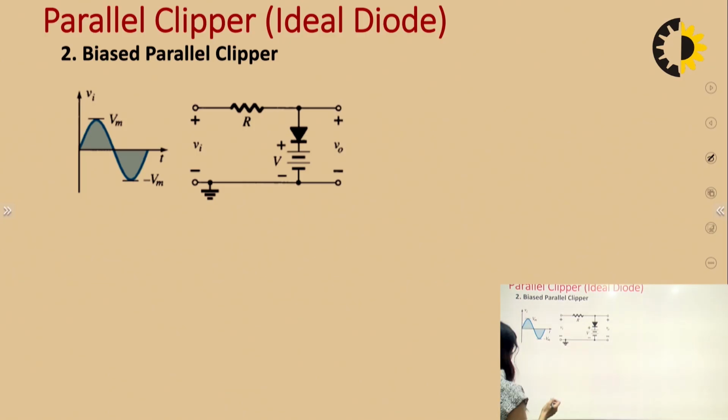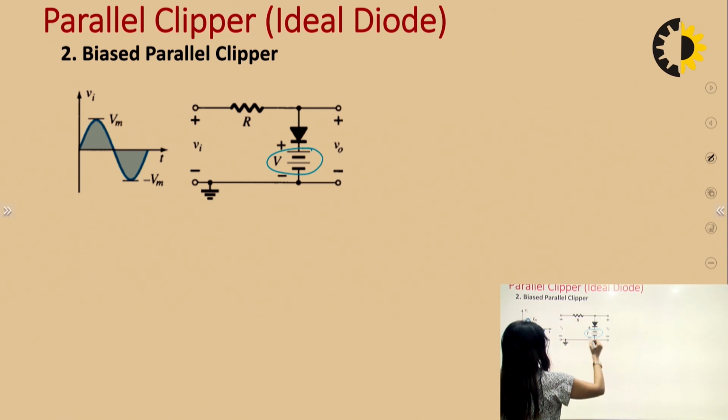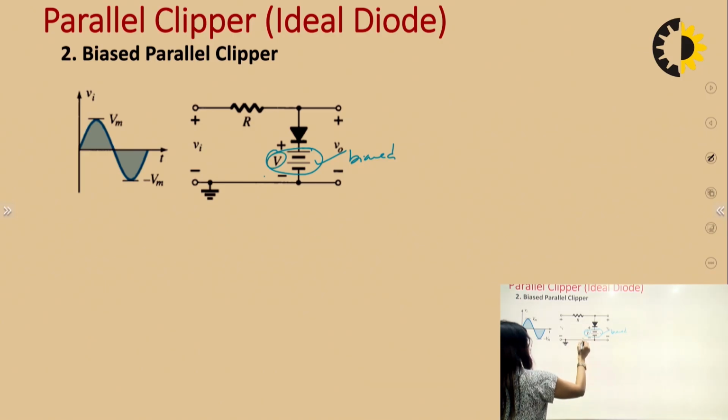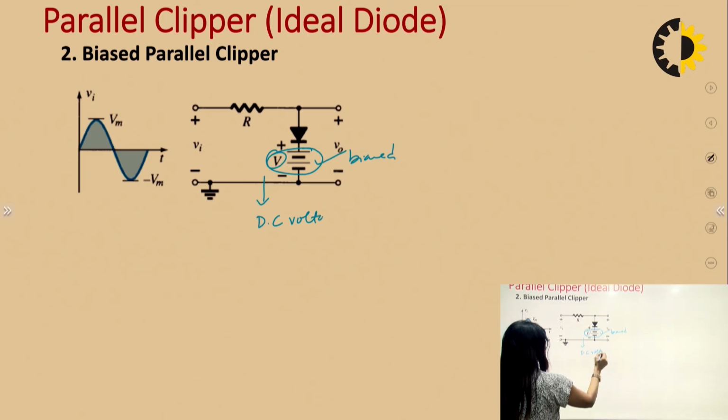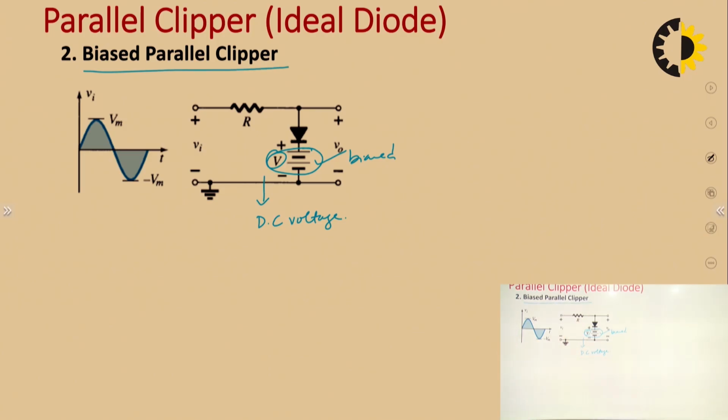Now if I add one battery in the circuit, then it is biased. The diode is being biased by this particular DC voltage. So this is also a biased parallel clipper.